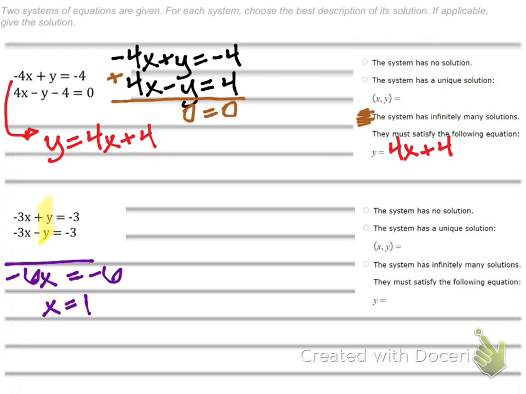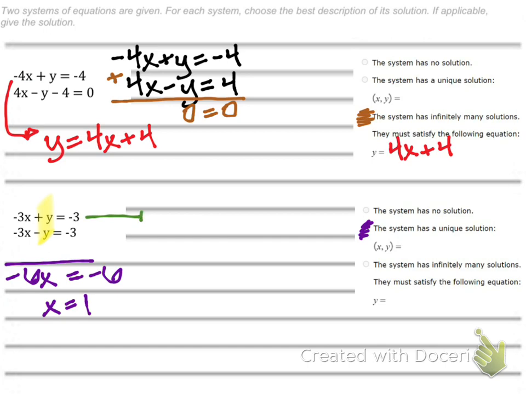So this one must have a unique solution, because our variables didn't go away, right? We still have an x there. When we still have variables, then we have a solution. If our variables go away, it's either no solution or infinitely many, depending on if the statement is true or false. Now that we know what x is, I will plug that in and get y.